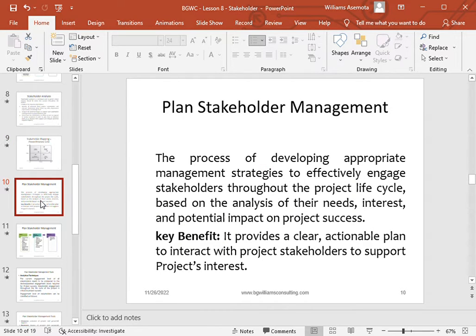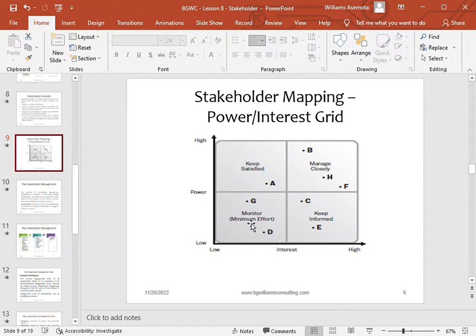Now you have identified and classified them using the power interest grid. So plan stakeholder management is now looking at each of the stakeholders you have put in these different quadrants, and planning how you intend to engage, monitor, communicate, meet their needs, and make them satisfied.